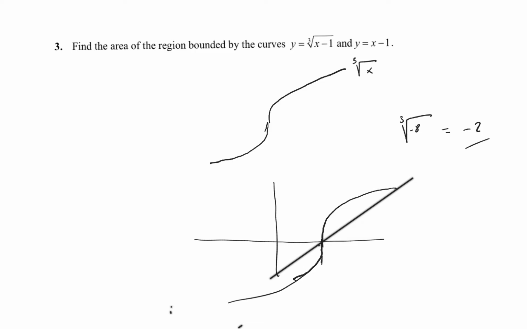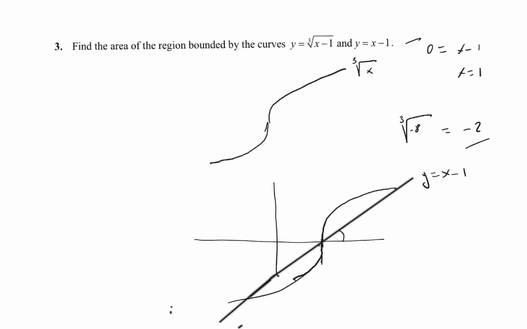When y equals 0 in this equation, x minus 1 equals 0, so x equals 1. So it's the graph with slope 1, and this is the graph y equals x minus 1. Let me continue this line like this.